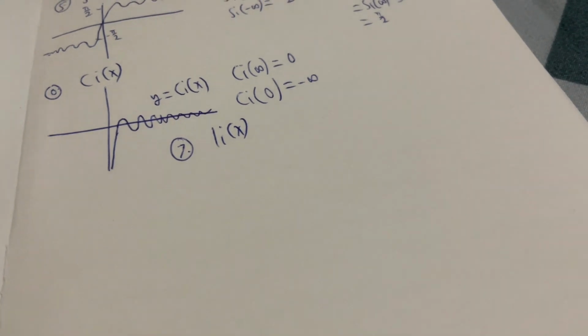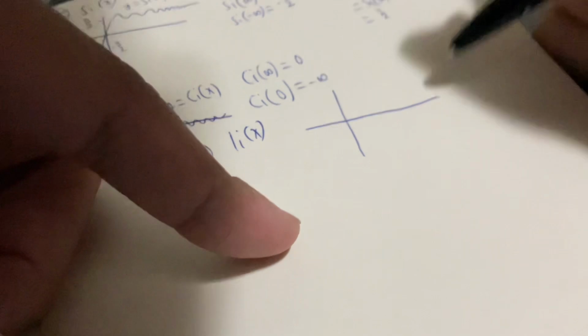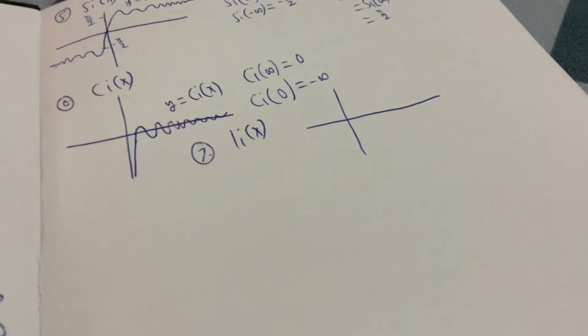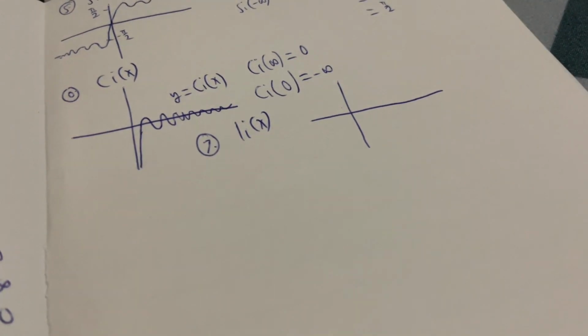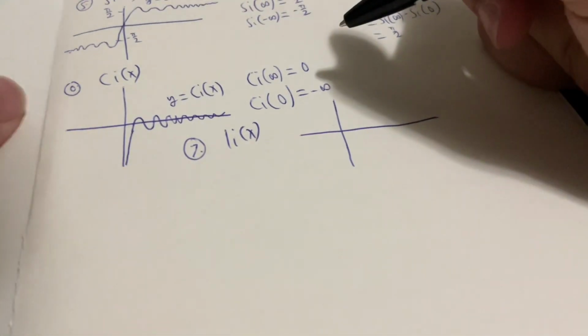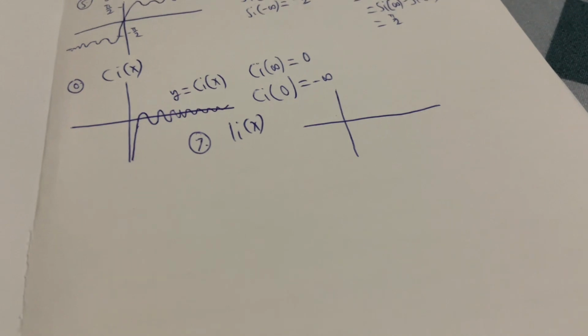Li of x, its graph looks like this. It only has the positive side, and this is the logarithmic integral. X needs to be greater than 0, like that. So Li of something.